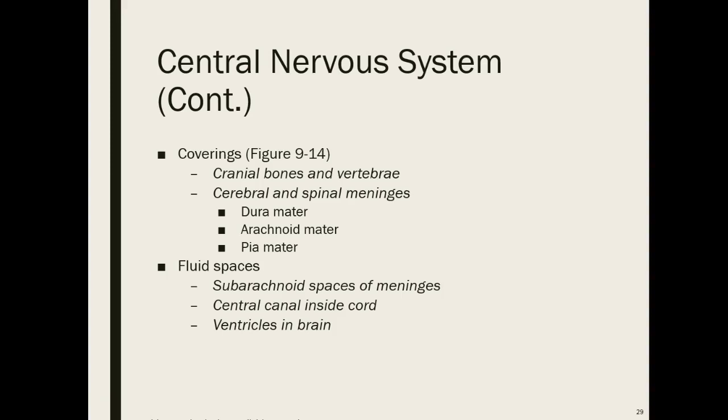Within that, we'll have these fluid spaces. So we'll see them in the subarachnoid spaces of the meninges, the central canal of the spinal cord, and ventricles of the brain. So the CSF, or spinal fluid, is going to fill the fluid spaces, providing protection, nutrients, and waste removal.